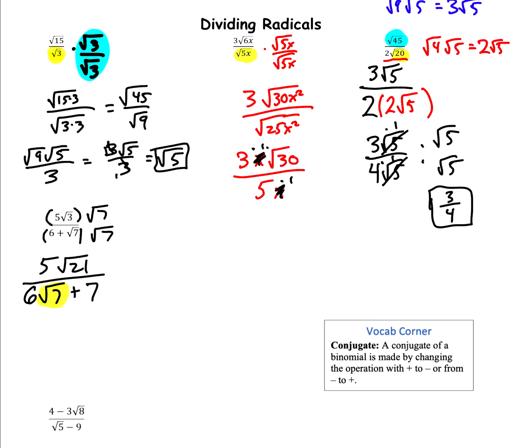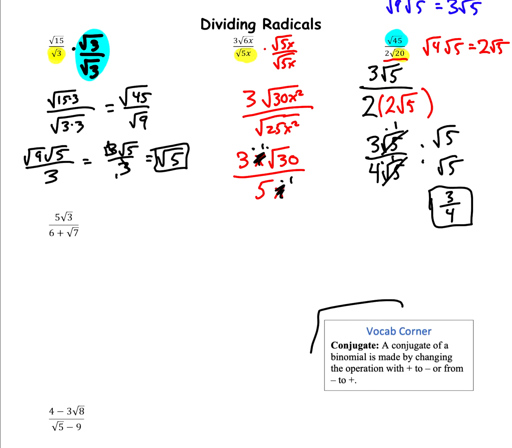We have done nothing wrong mathematically. It's just not helping us get to where we need to be. So we don't want to multiply by radical 7 in the numerator and the denominator. What we're going to want to do is multiply by the conjugate of the denominator, and you'll see why in a second.